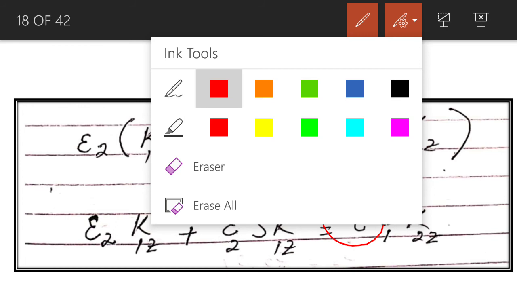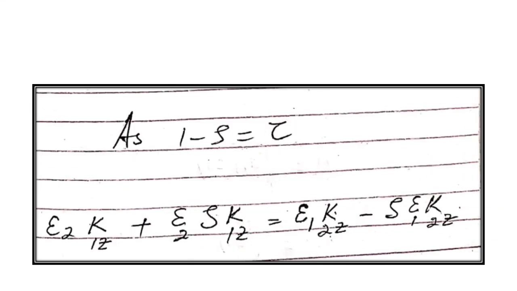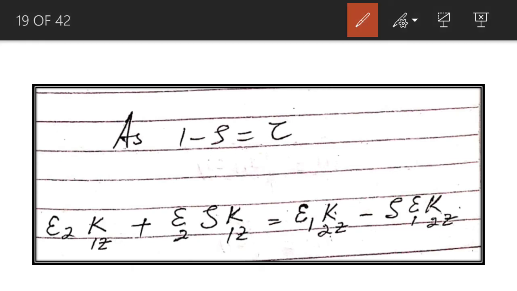If we put the value of tau, we get this particular equation: epsilon 2 k1z plus epsilon 2 rho k1z is equal to epsilon 1 k2z minus rho epsilon 1 k2z.